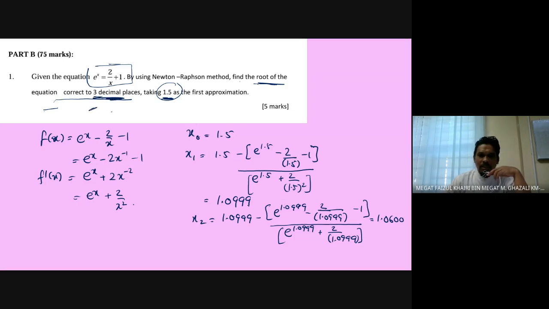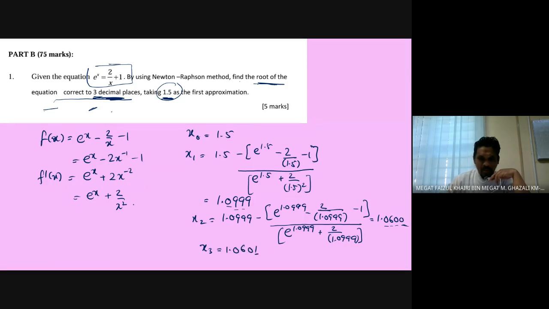So in this process, we will extend one extra digit. 1, 2, 3, 4. 1.0999 and 1.06 is totally different. So we repeat the process for x3, the same process like this, and it gives you 1.0601.